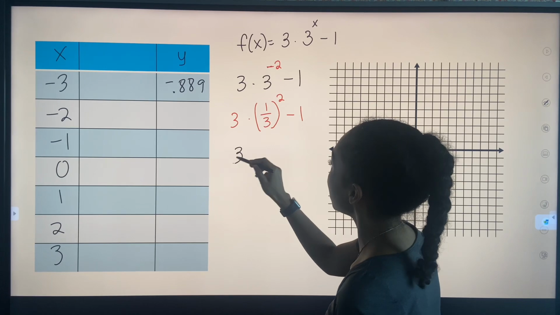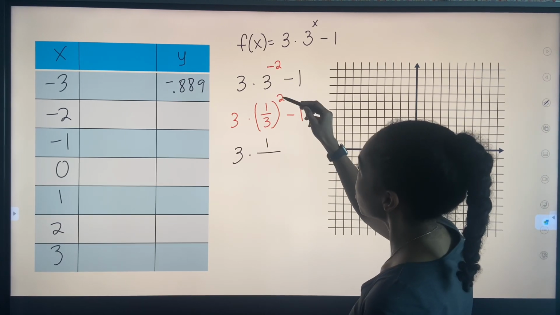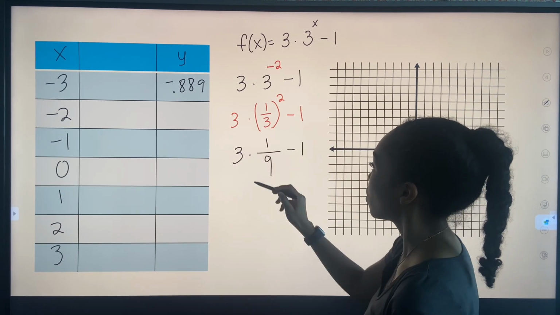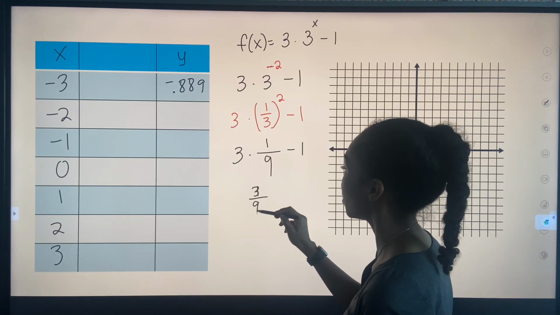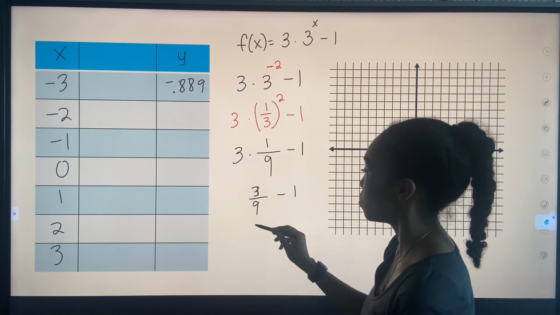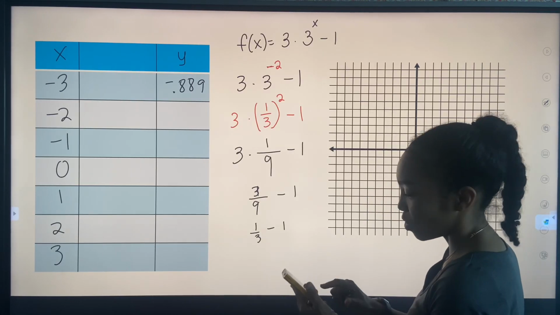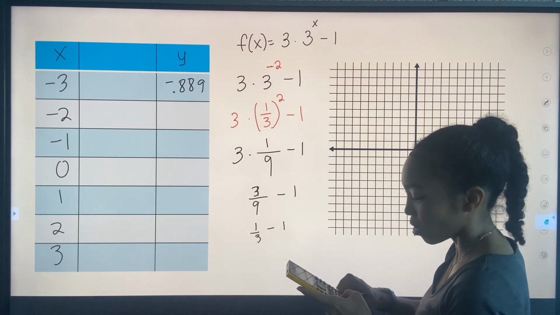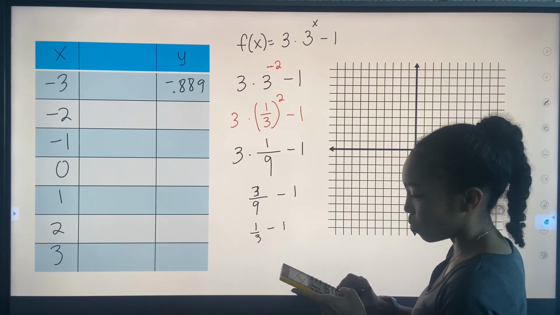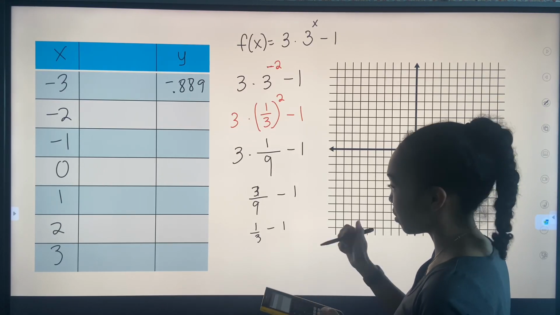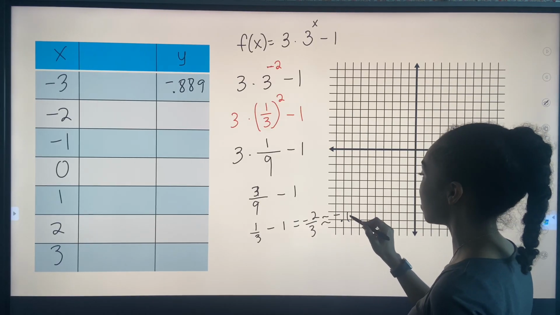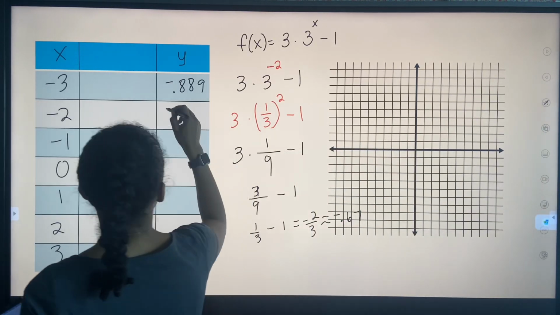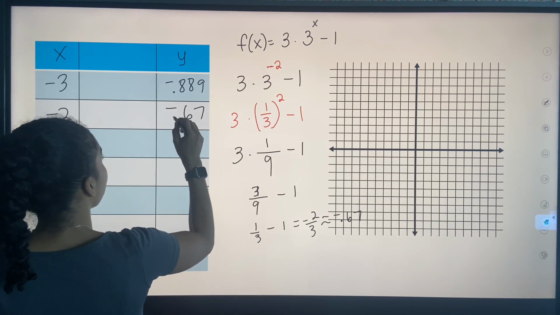This becomes 3 times 3 squared is 9. 3 times 1/9 is 3 over 9, which simplifies to 1/3. And 1/3 minus 1 is negative 2/3, which is approximately negative 0.67. So this is negative 0.67.